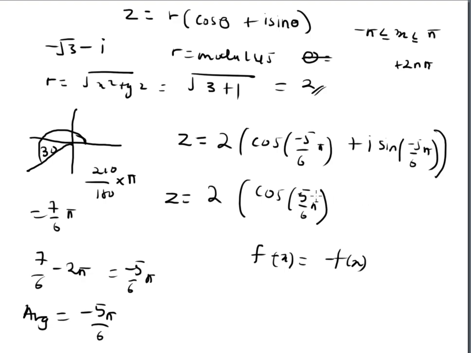Now sine is an odd function, therefore f of negative x, where x in this case is 5 pi on 6, gives us negative i sine of 5 on 6 pi. If you are confused whether cos or sine is odd or even, you can just leave it in this case. Probably you lose one or two marks, but it's better than losing everything.